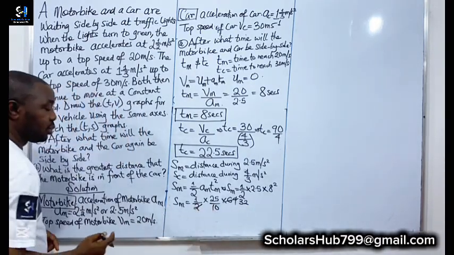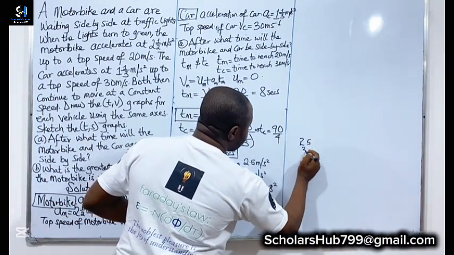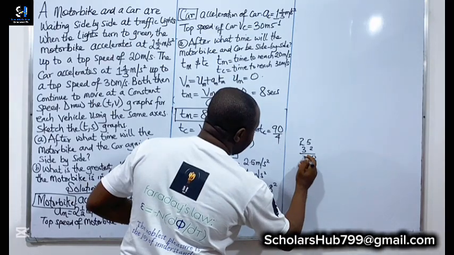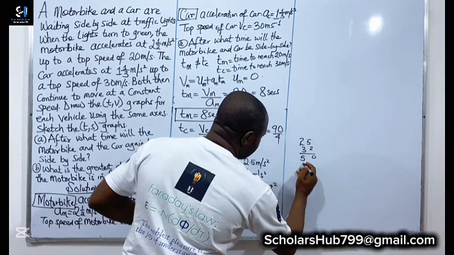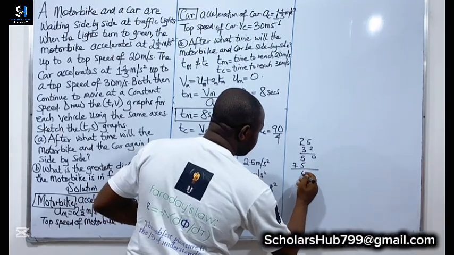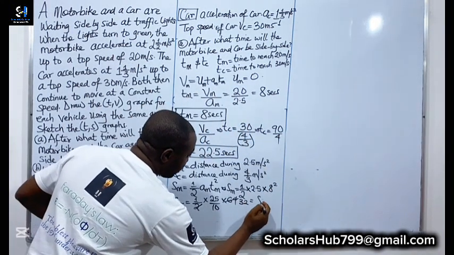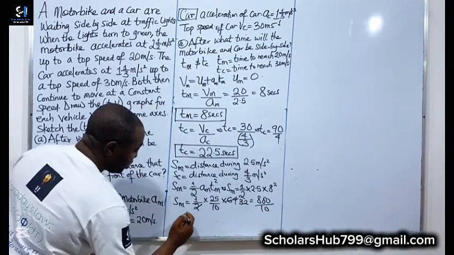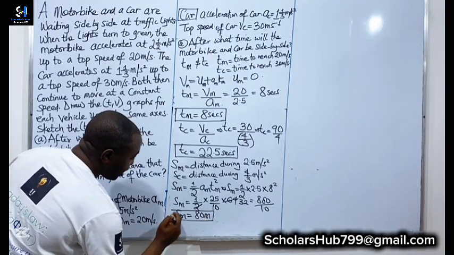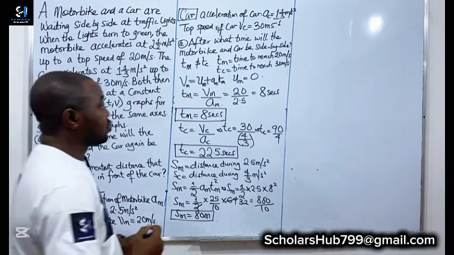So 25 times 32 gives 800. Then 800 divided by 10, so that the distance will be 80 meters. This is the distance during acceleration of 2.5 meters per second squared.